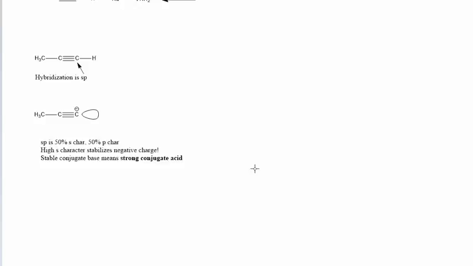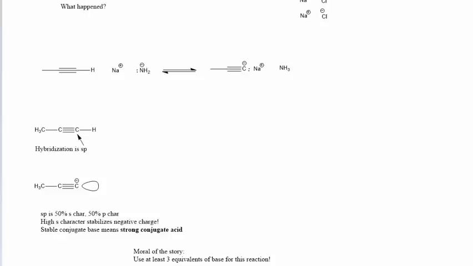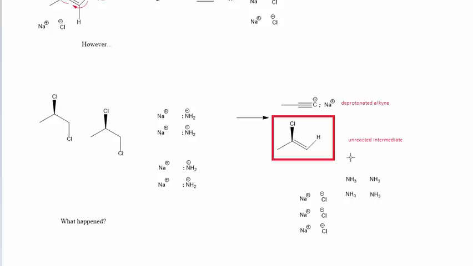So what does this tell us in regards to the reaction that we're doing? Well, if we need to account for the fact that the base is instead going to deprotonate this before this reaction happens, we need to make sure that we use excess base. So we need to use at least 3 equivalents of base when doing the reaction on a terminal alkyne.